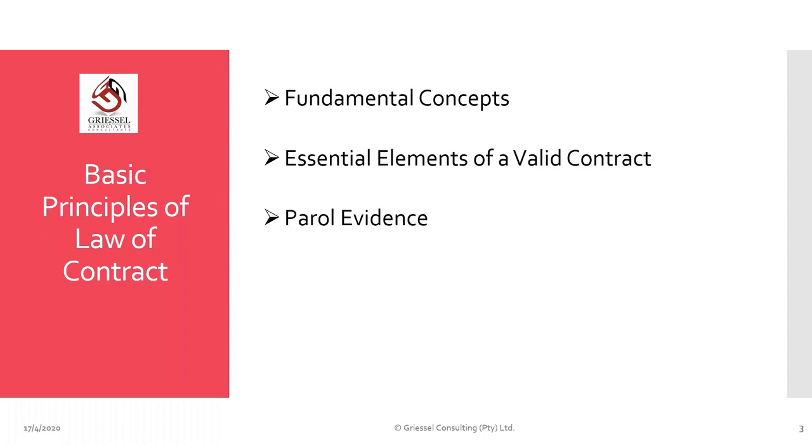So the contract is regarded as the exclusive memorial of what the parties agreed. And I'm sure you will have seen that in many contracts, there's always a clause towards the end which says this is the entire agreement between the parties, and that no alteration or addition thereto will be of any force and effect unless reduced to writing and signed by both parties. The certainty that's created about this is what our law of contract is built on.